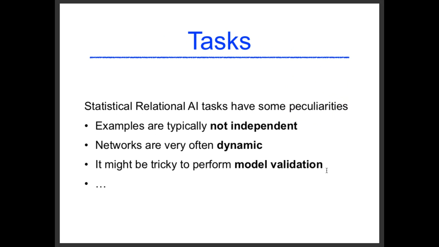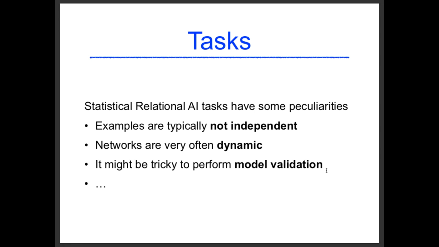The networks that we observe are very often dynamic. Okay, so they may change, they typically do, they change over time. Okay, one example is the one shown by Paolo yesterday about the Internet Movie Database, okay, which becomes different every time that, in principle, a new movie is inserted into the database, okay.